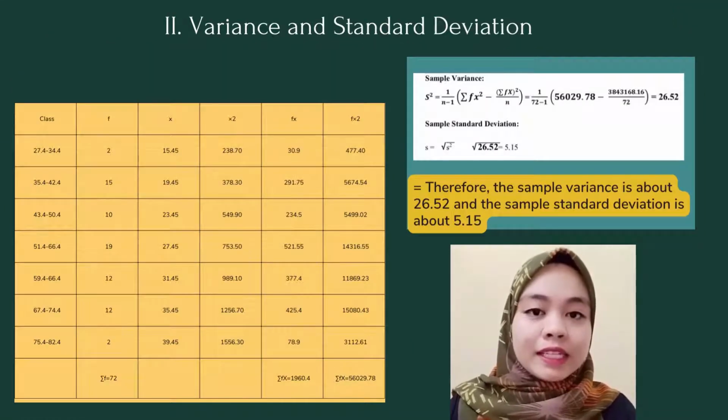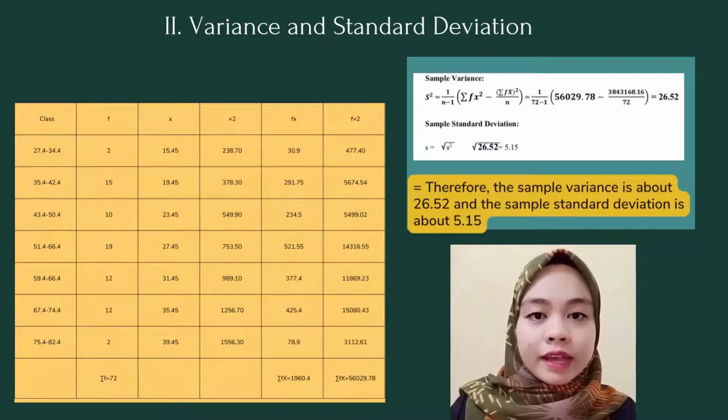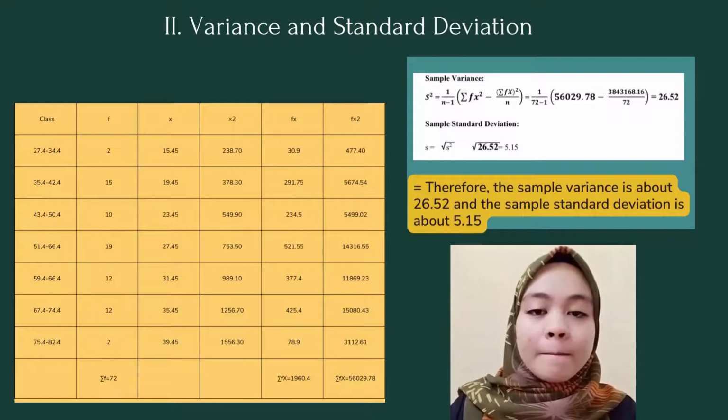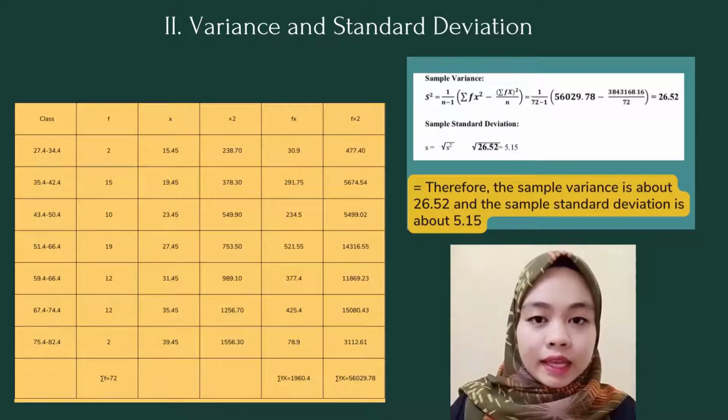Okay, now this part shows the variance and standard deviation. For the variance formula, we use S squared equals 1 divided by n minus 1, open bracket, summation f x squared minus, open bracket, summation f x squared divided by n, close bracket.